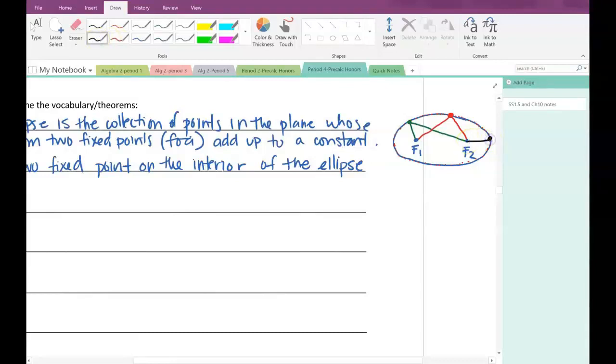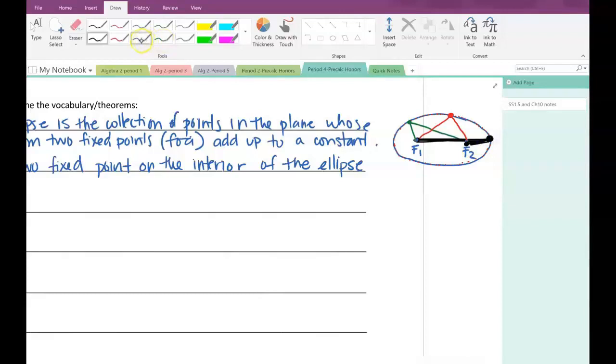From here to there plus from here to here should be the same. They should actually be on the same horizontal line because the two foci are on the same line, but I don't want to draw it on the same one because you can't see. This distance from focus 1 to this dot on the right side, added to focus 2 to the same dot, should be the same exact distance as the red and the green.